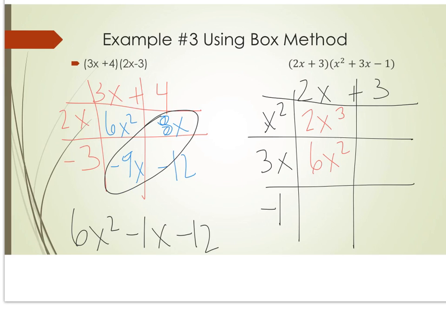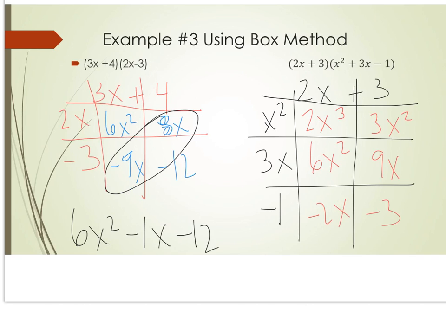And 2x times negative 1, negative 2x. Next row, 3 times 2x gives me 3x squared. 3 times 3x, 9x. And 3 times negative 1, negative 3.